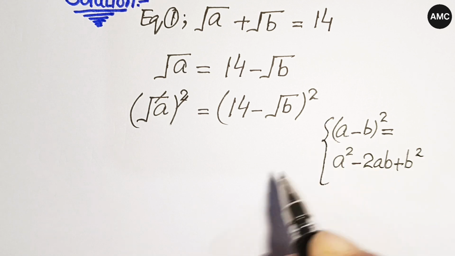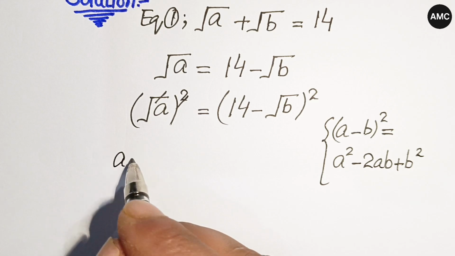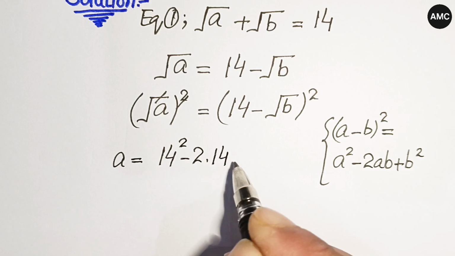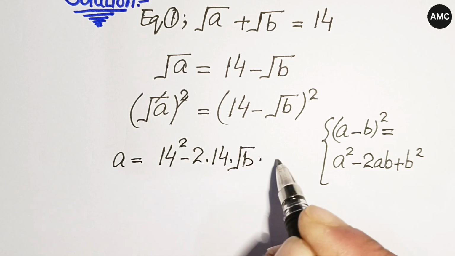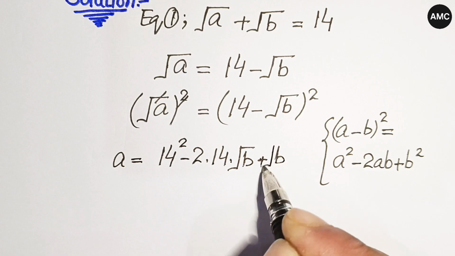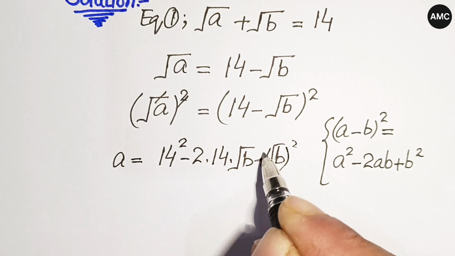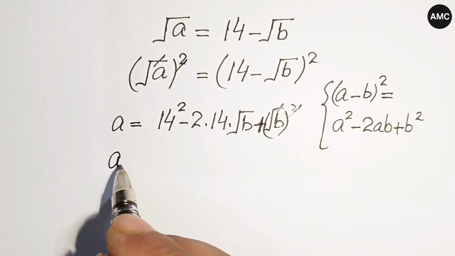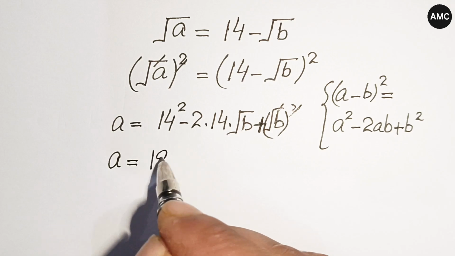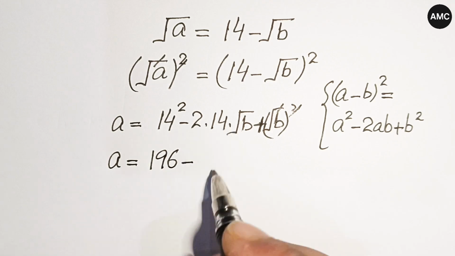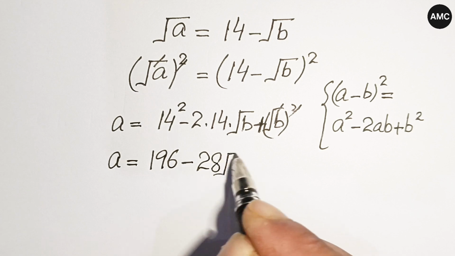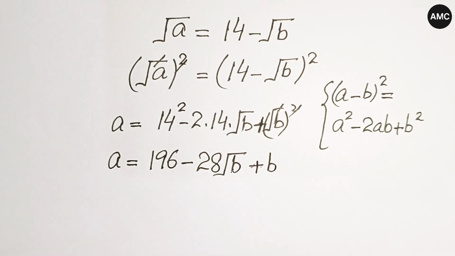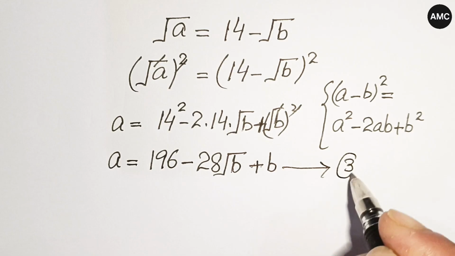Applying this identity, we get a is equal to 14 squared minus 2 times 14 times square root of b plus square root of b whole squared. Cancelling this square with the square root, we get a is equal to 196 minus 28 square root of b plus b. Let's say it is our equation number 3.